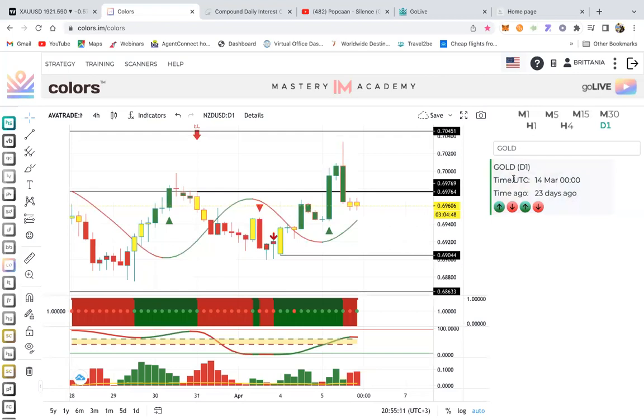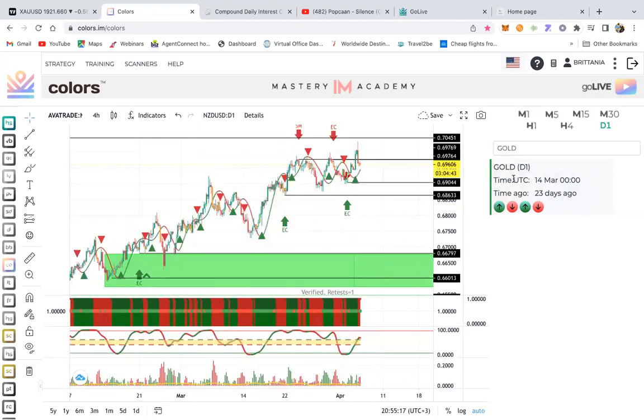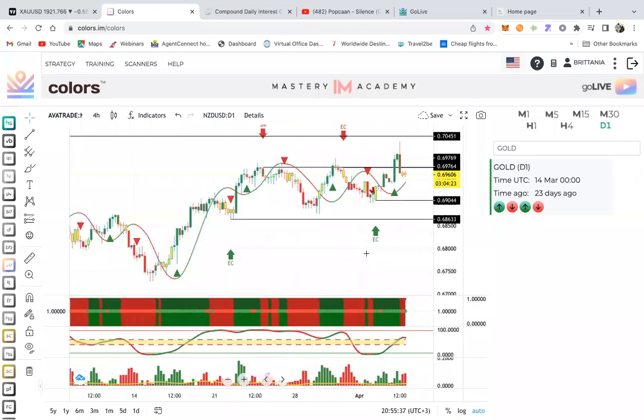So I have colors on normal pairs and indices and commodities, and I have colors on crypto. Plus, we are going to start doing colors with HFX as well. So if you have the Elite package, we're going to make use of all of these packages on the Elite package to make money, because there's other ways to make money otherwise from Forex and Bitcoin, right?